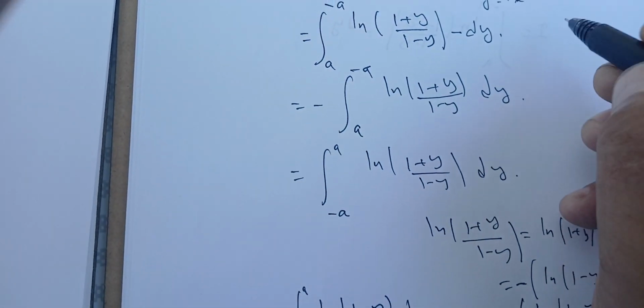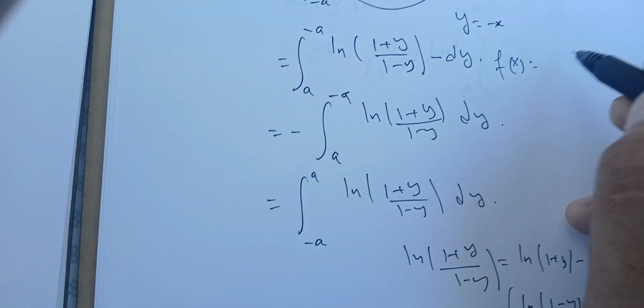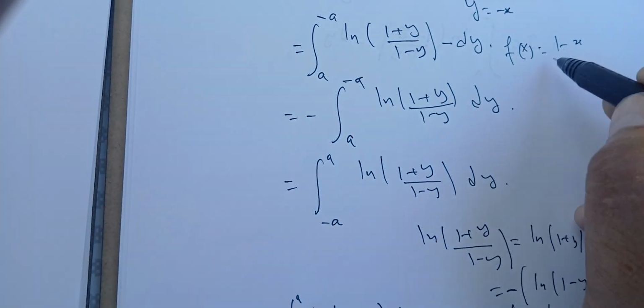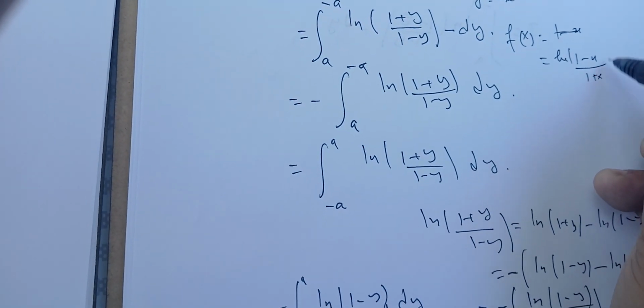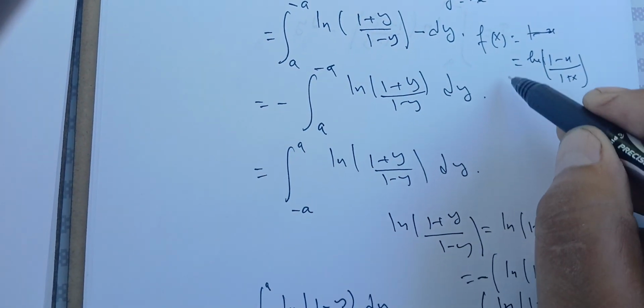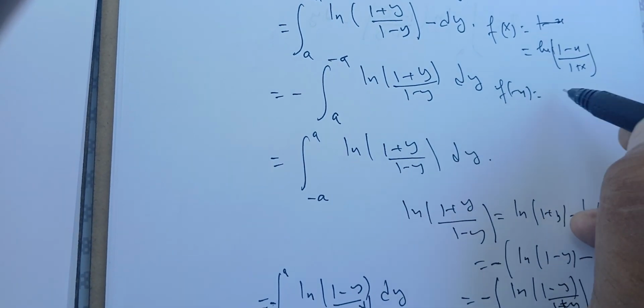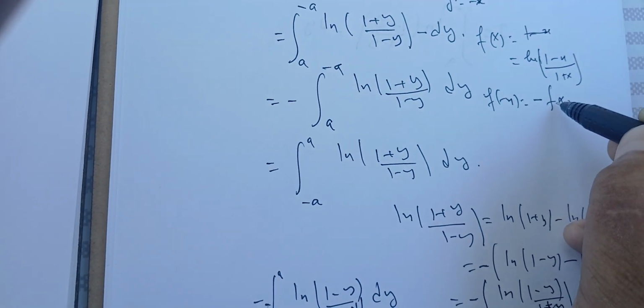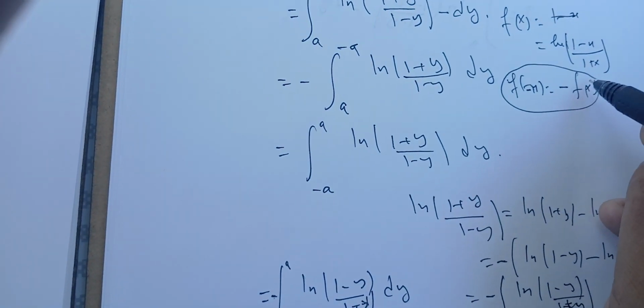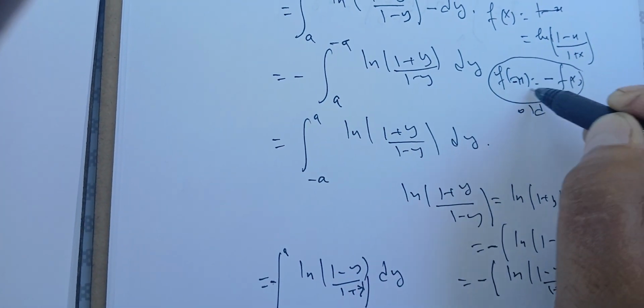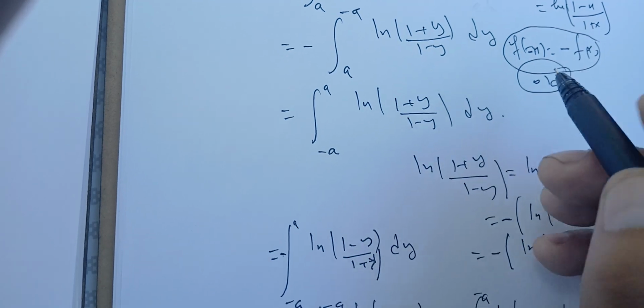But we could have stopped here and noticed that for this function f of x, the natural log of 1 minus x over 1 plus x, when we switch to f of minus x, it is going to be minus f of x. And this means that our function is odd. And when we have an odd function and we are integrating, the integral is always 0.